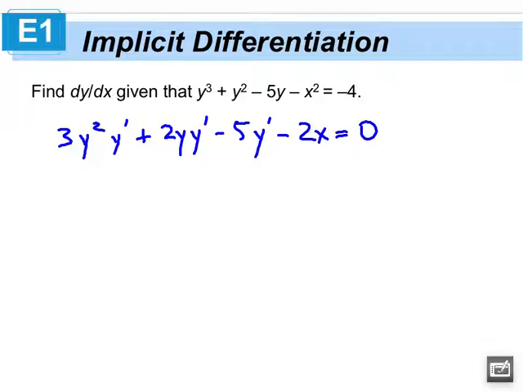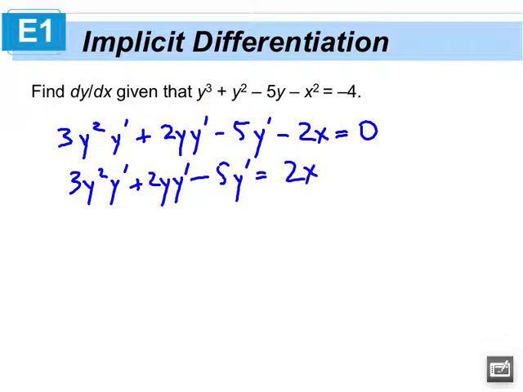Plug me in. Okay, now we do some algebra. If it's got a y prime, you leave it on the left. If it doesn't, you move it over to the right. Now, you're all pretty smart fellers. You probably could skip this step and go right to the next step, but again, going slowly first.